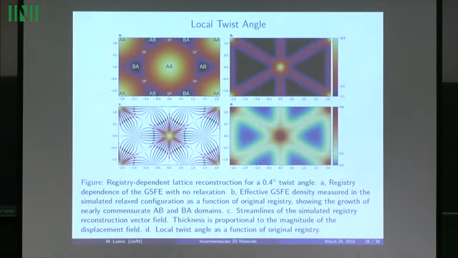So this is just a picture here. This is our generalized stacking fault energy in configuration space, with no relaxation. We see the high energy of AA, and then the low energies of BA and AB. This is what happens after relaxation. And now we see the level lines of U1.